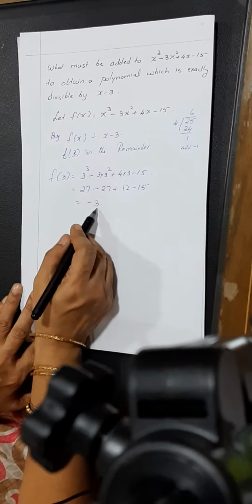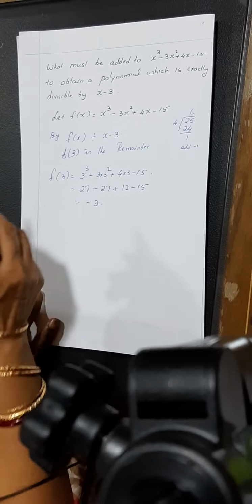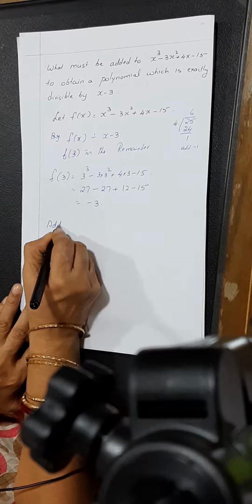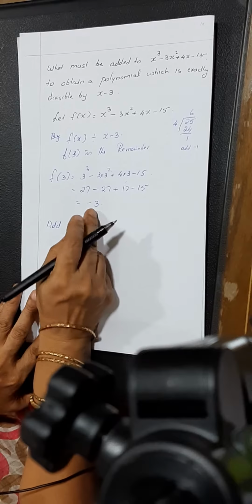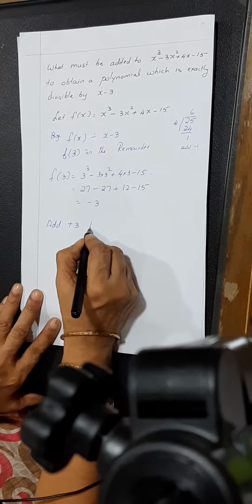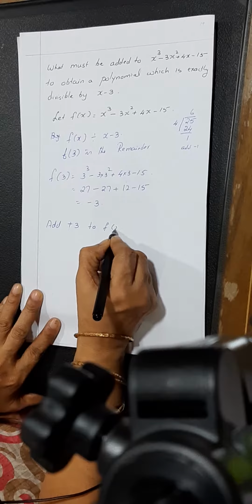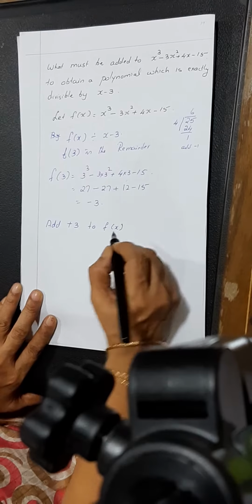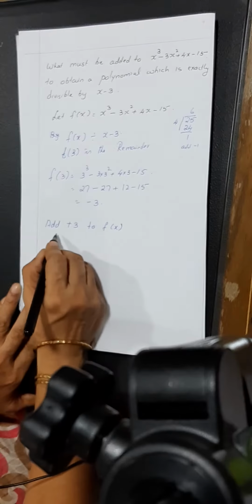So you will add plus 3 to the polynomial. So add the additive inverse of the remainder. So add plus 3 to f of x, that is it. So that will be exactly divisible by x minus 3.